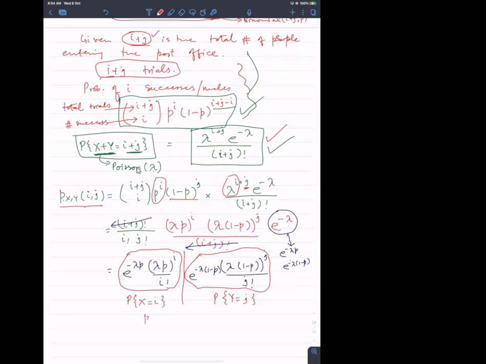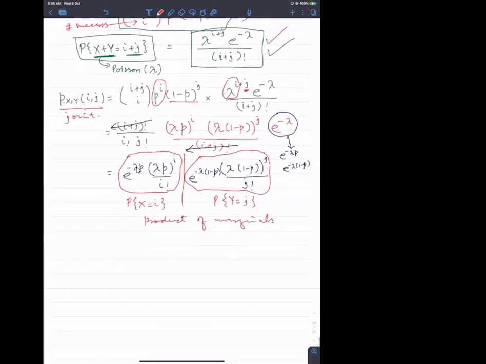That means the joint is the product of marginals. Since it's a product of marginals, X and Y are independent. It seems counterintuitive, since if we were told all of them are females, the probability of males would vanish, but this distribution is such that X and Y still turn out to be independent.